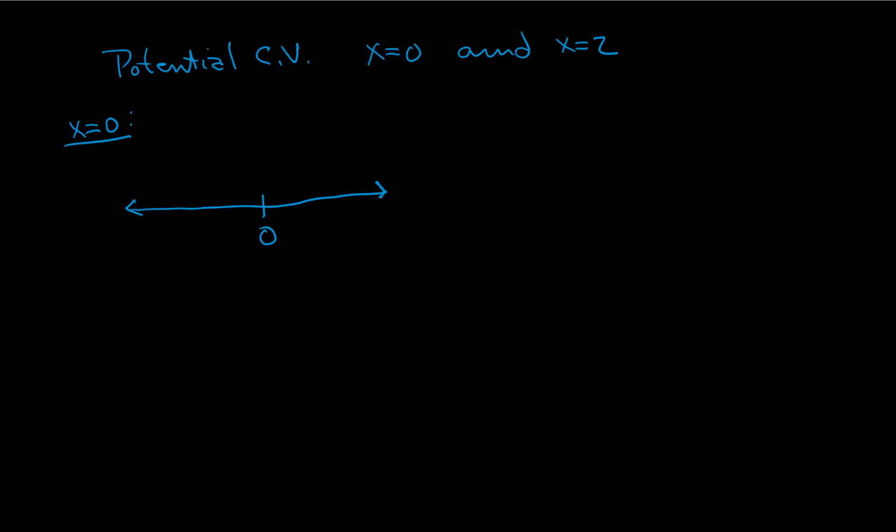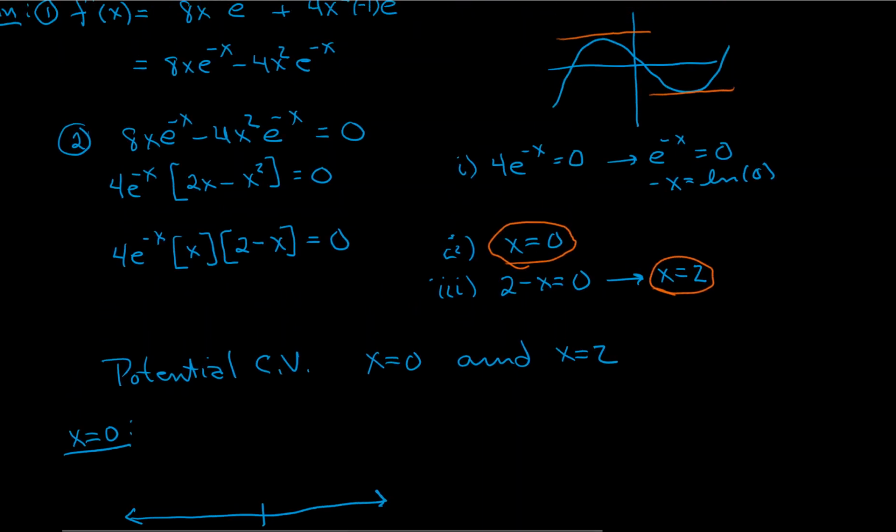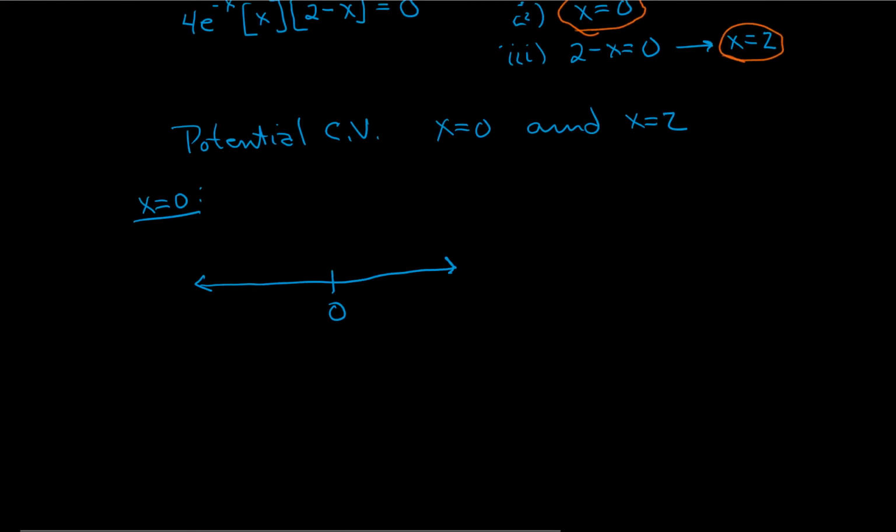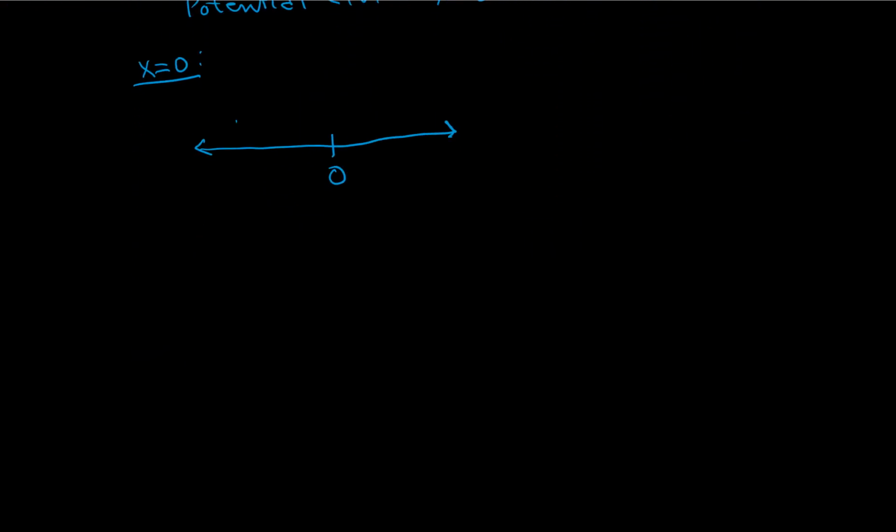What I'm then going to do is come back up here and for my derivative right here, I'm going to evaluate f prime at something to the left of 0, then evaluate f prime at something to the right of 0.